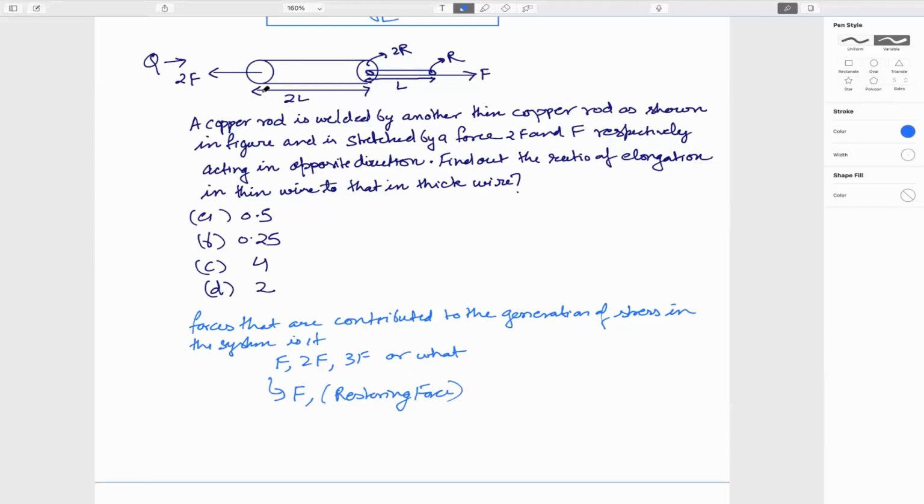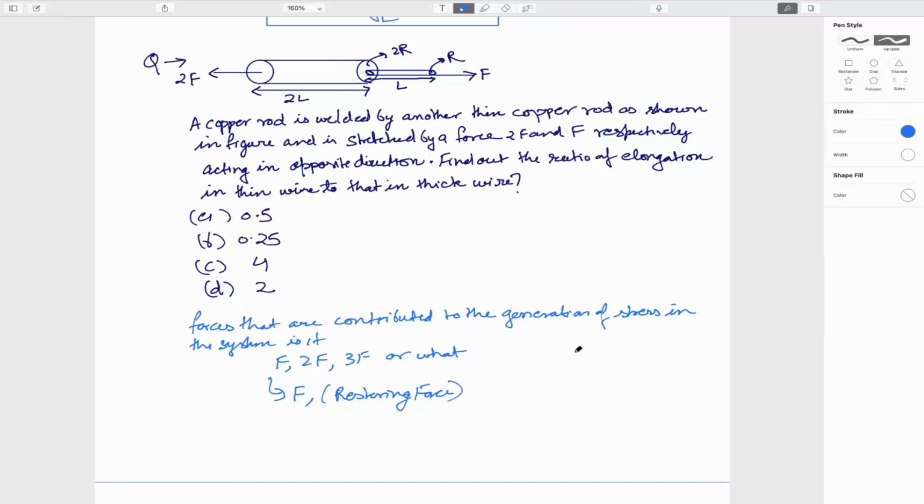Now the question is, why not 2F? Because F is applied in this direction, 2F is applied in this direction. So that extra F is going to move this rod in another direction. It is not for the generation of stress, it is for the motion of the system.